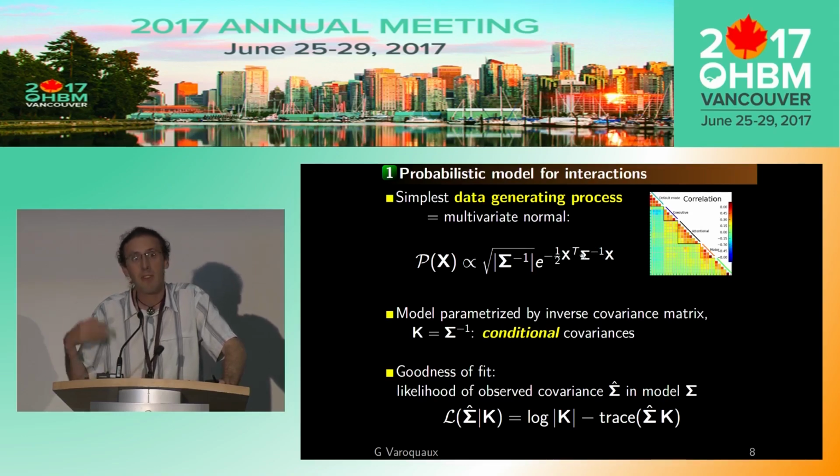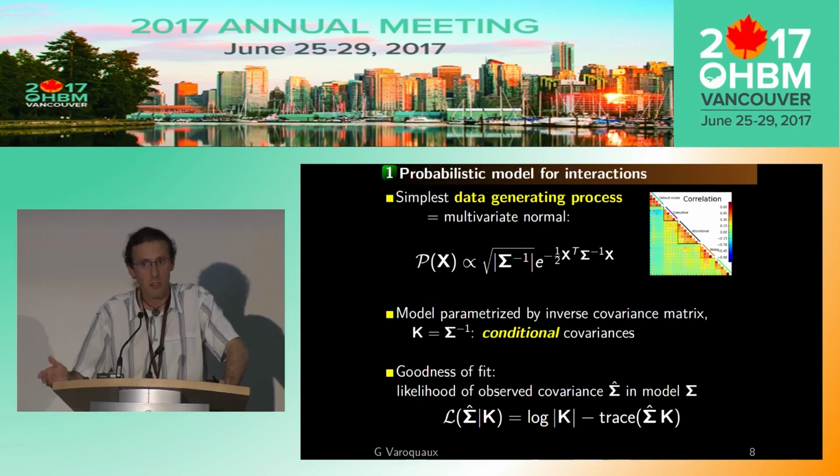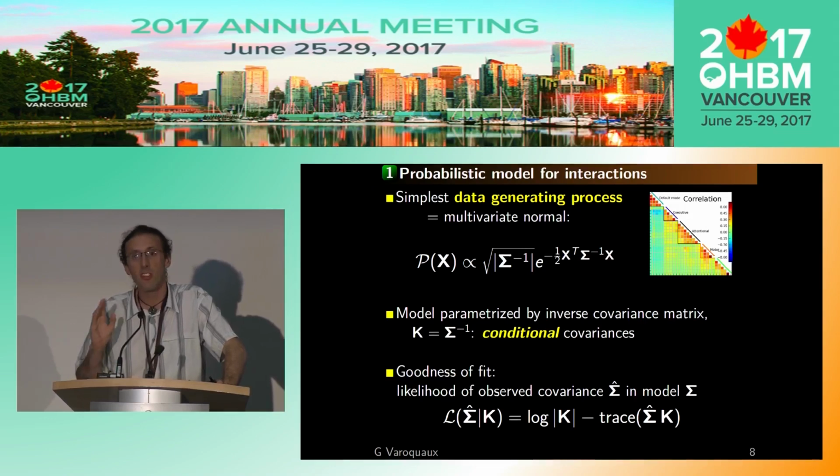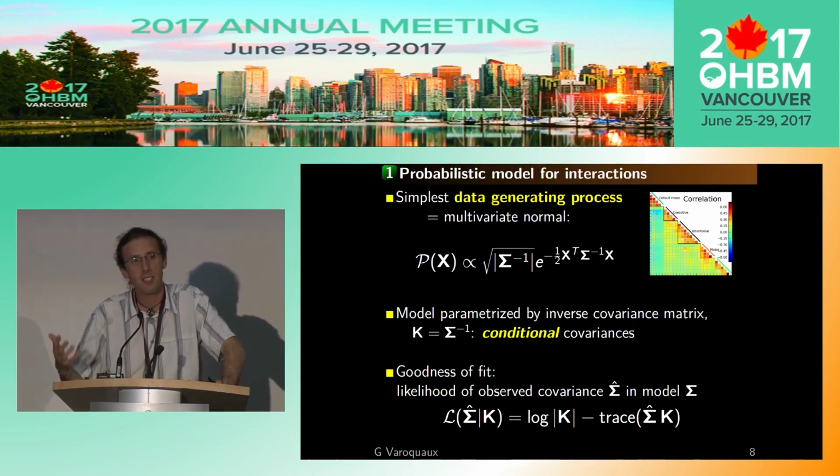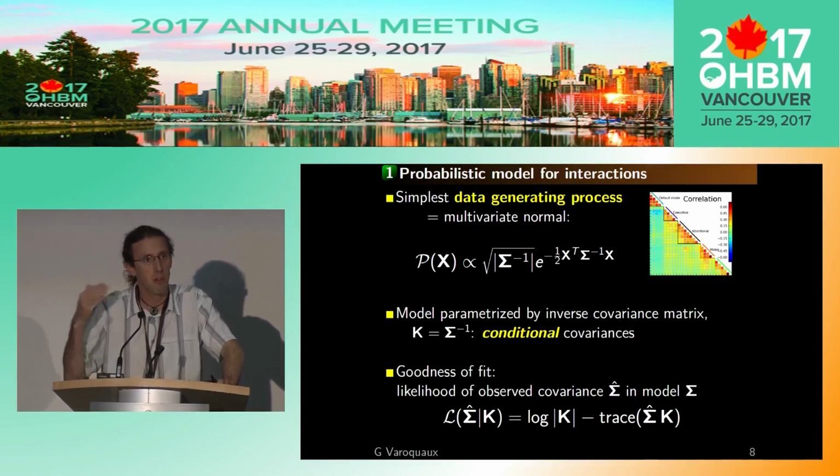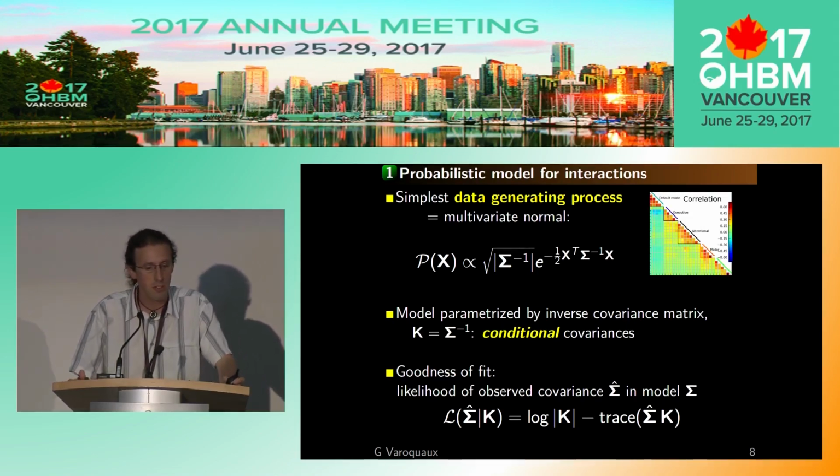This inverse of the covariance matrix is often called the inverse covariance or the precision matrix. And the important thing is it gives the conditional covariances, or the partial correlations, between regions. This is maybe the crucial quantity that might be interesting for the questions that we would like to ask. The other thing this model gives us is a natural goodness of fit, which can be useful to validate models that I'll be using after.